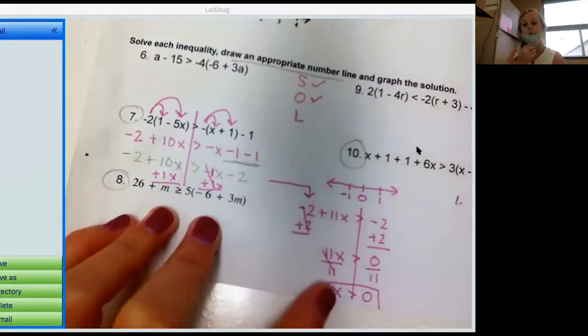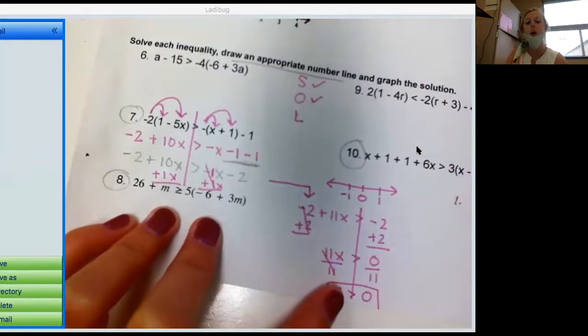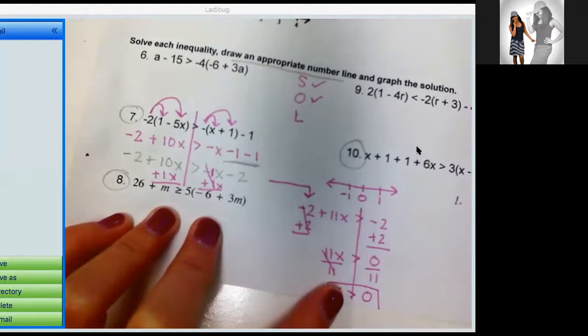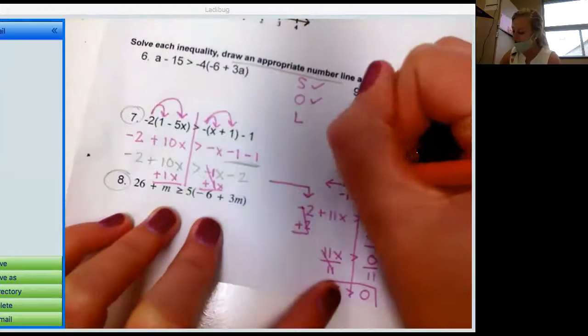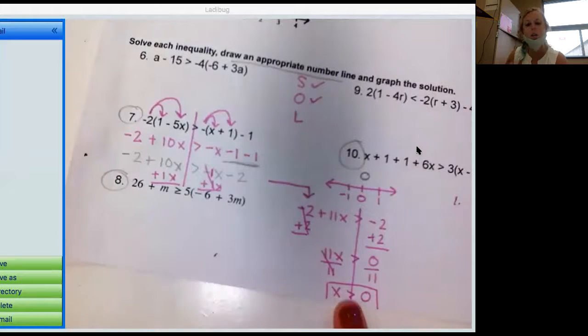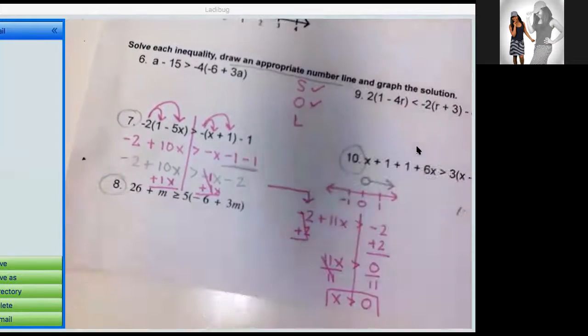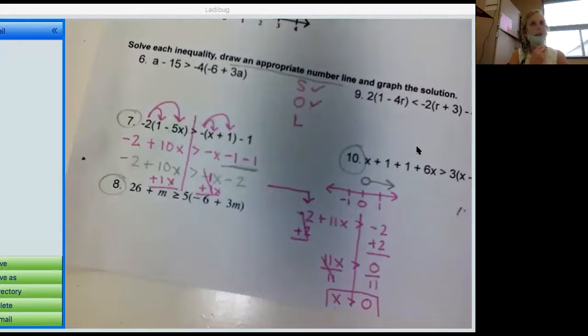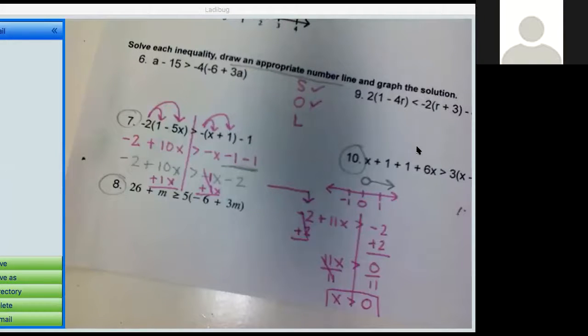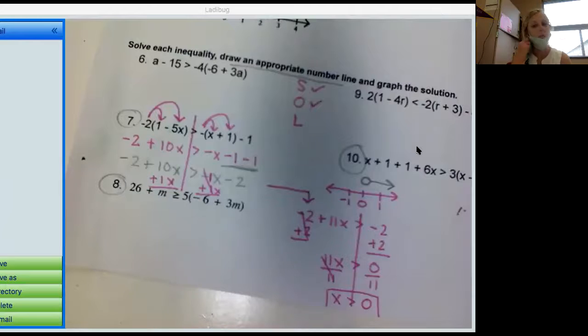And then if it's greater than 0, do we have an open point or a closed point? Open, good. Because it can't be 0. And then where are all the numbers bigger than 0? Right. Very good. We okay with 7? So whether you're at home or in person, make sure you're writing this down with me, okay?